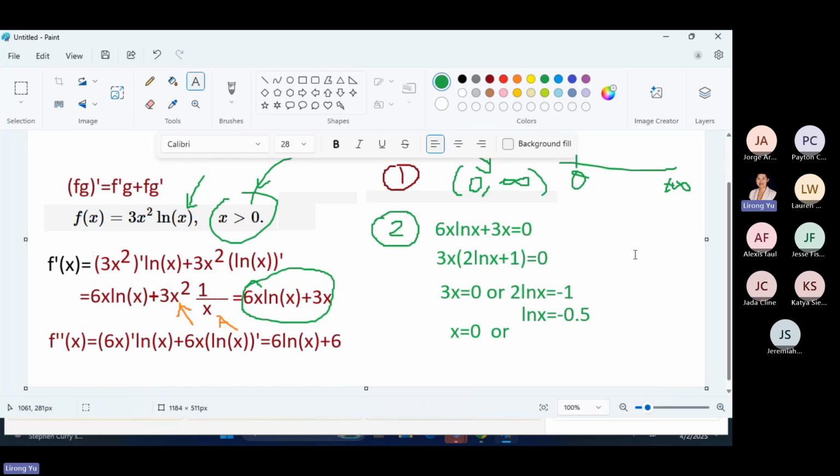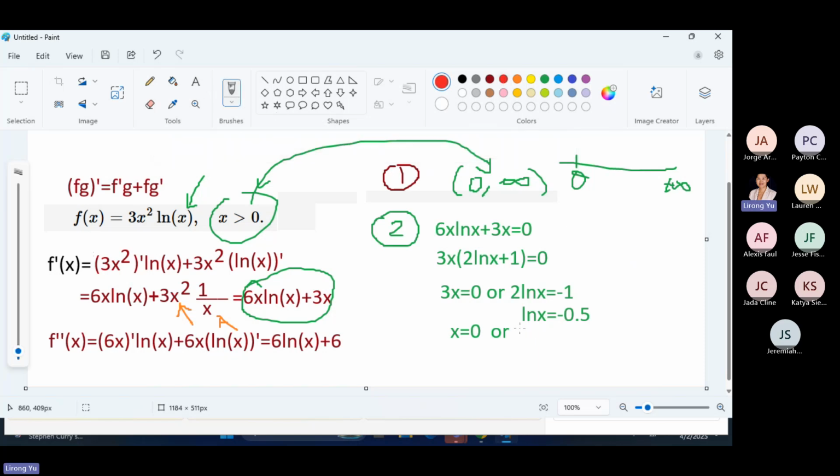Any question? And then we have only one thing, which is to remove the natural log to get x by itself. And how do we do that? We do the reverse, which is the e, right? We do e of both sides of the equation. Let me write e to the left side and then e to the right side, e to that power.